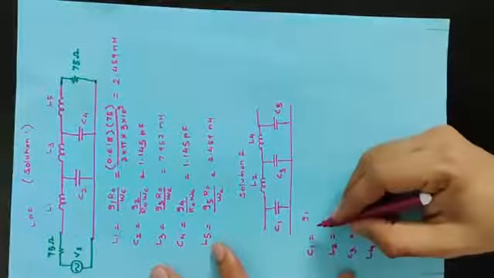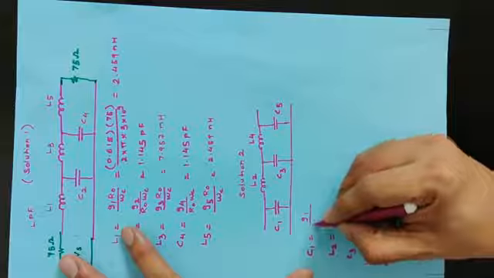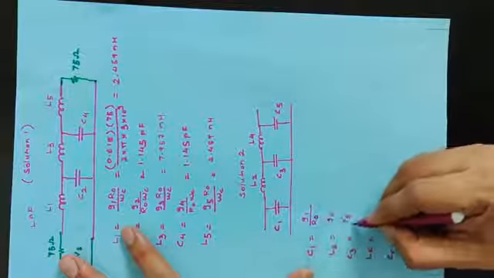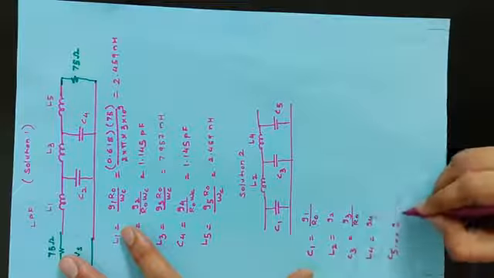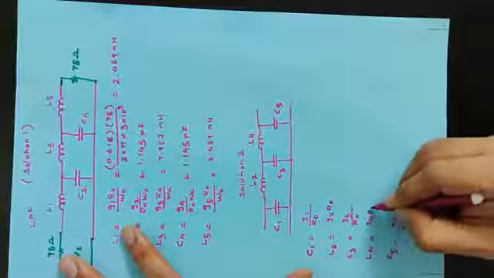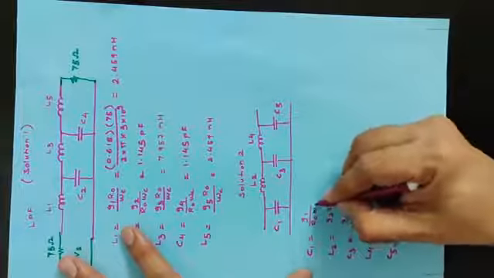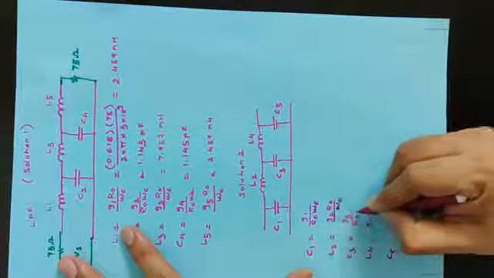Now we have to apply the impedance scaling. For the capacitor it will be division by R0. For the inductor it will be multiplication by R0. And for frequency scaling it is always division by omega c.